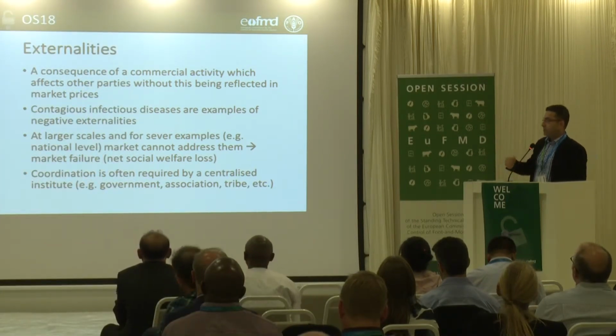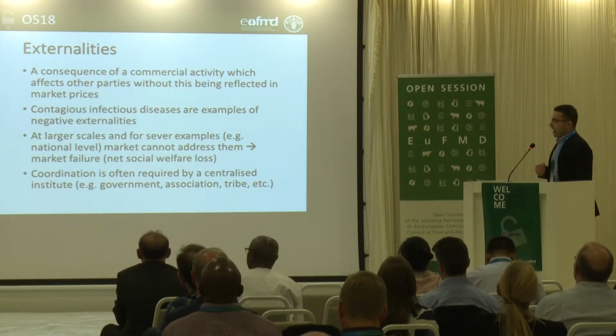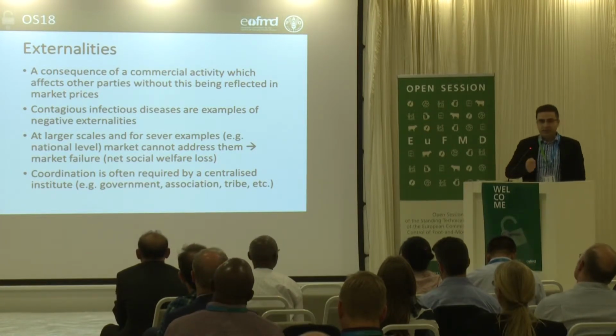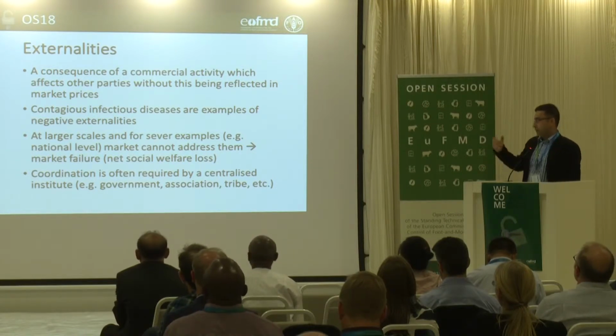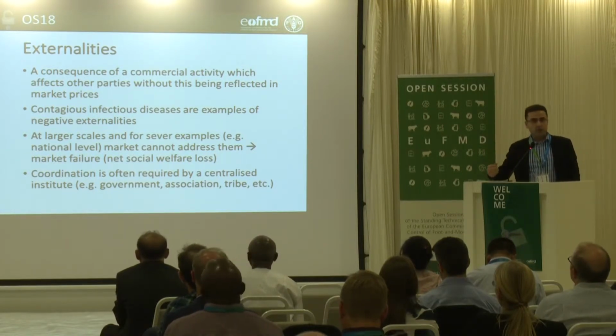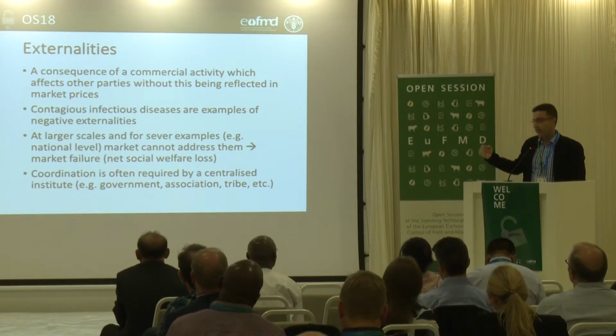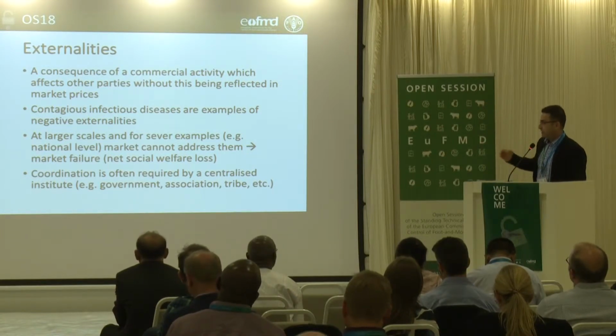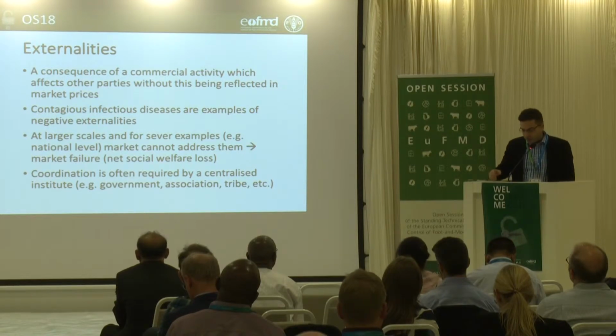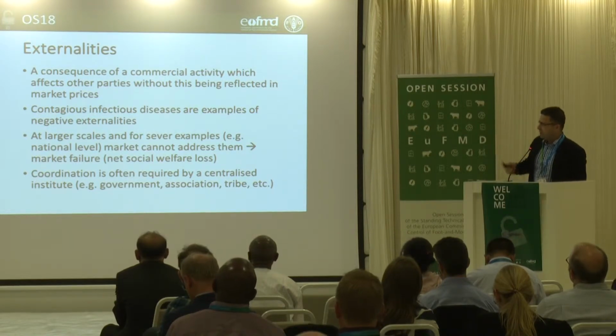Or in other words, we have a net social welfare loss. So coordination is often needed by a centralized body, for example governments or associations or tribe heads or whoever can centralize this effort to deal with externalities.